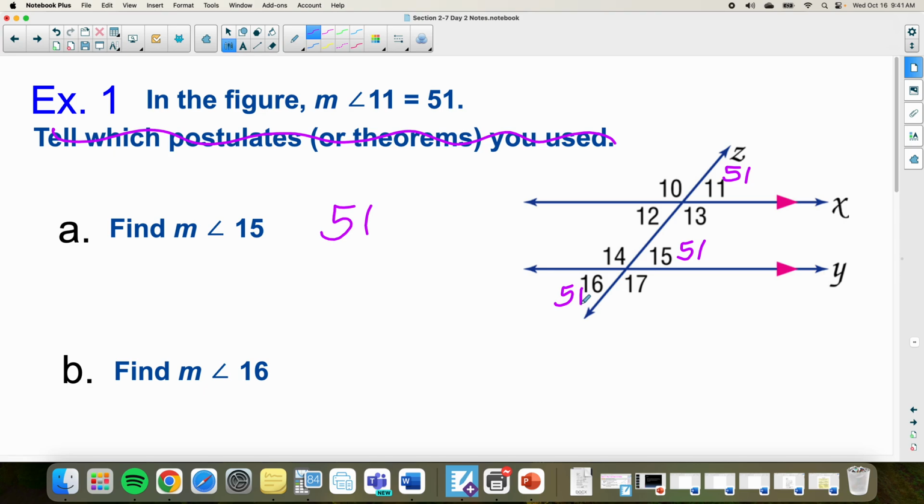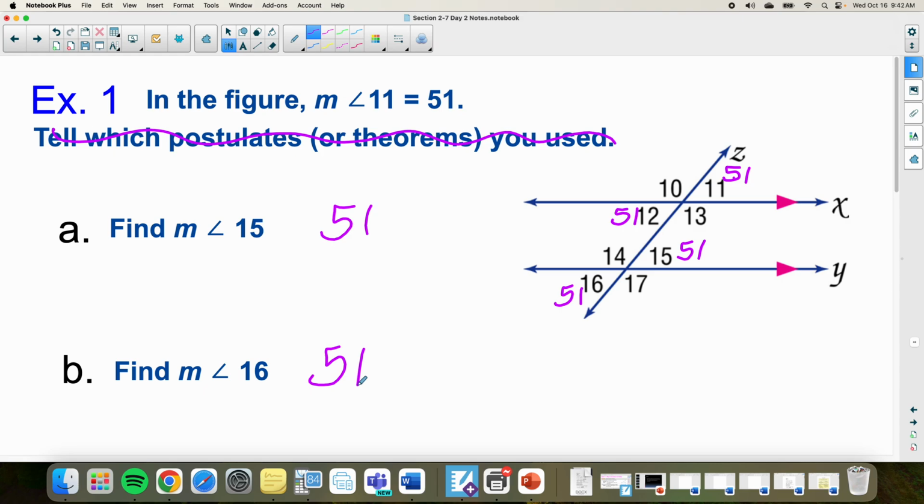Now, a really easy way for you guys to think about this is when you have this situation, this angle, this angle, this angle, and that angle are all going to be the same. So these 2 vertical as well as these 2 vertical. And one thing I should have pointed out, everything we learn today only works if your lines are parallel. If your lines are not parallel, nothing I say today works, okay? Now, so that one is also 51.